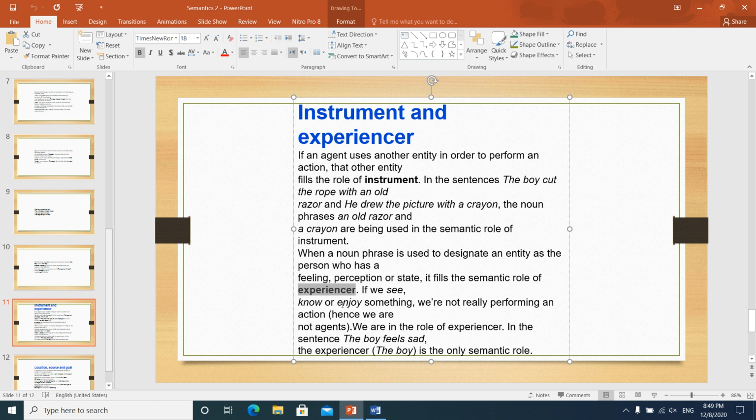And we have experiencer if the grammatical subject does not perform an action, but shows feeling or sense.